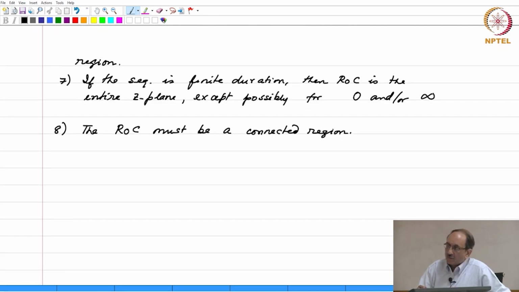What we will do next is look at properties of the Z transform, and we will also consider the DTFT as a special case of the Z transform. We will see what the implication of the unit circle being part of the region of convergence means. This is similar to the j omega axis being part of the region of convergence.